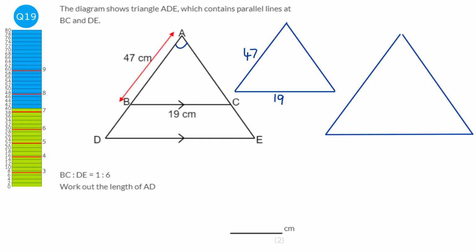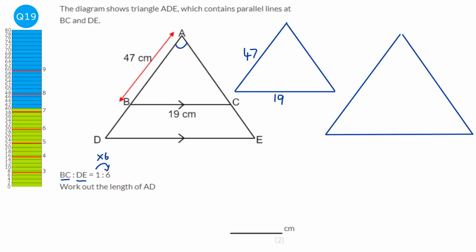And we are given some information in the question that the ratio of BC to DE is 1 to 6. So BC is this length here, and DE is this length here. So we're actually given the scale factor, because we know that 1 times 6 is 6.